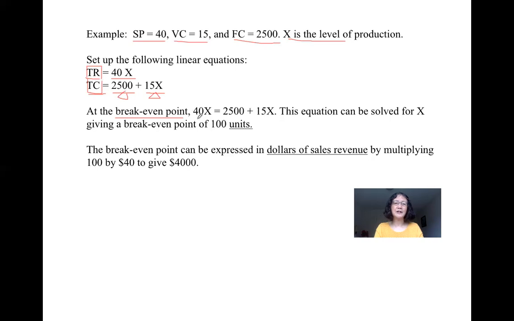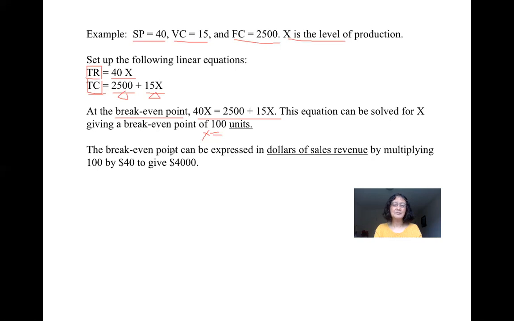So you have 40X equal to 2,500 plus 15X. Solve for X, you have X equal to 100. So when you produce 100 computer desks, total revenue equal to total cost.